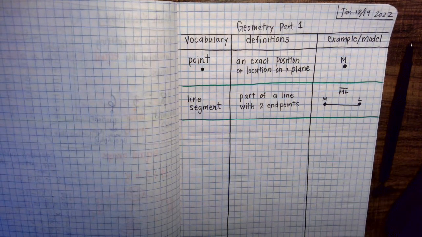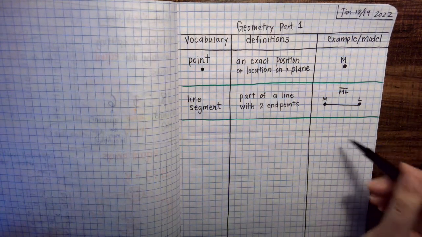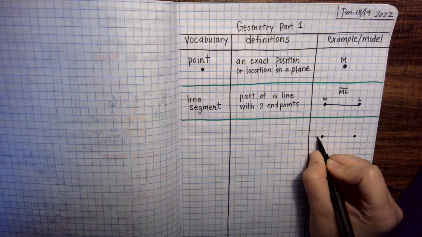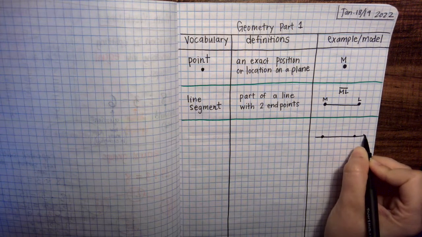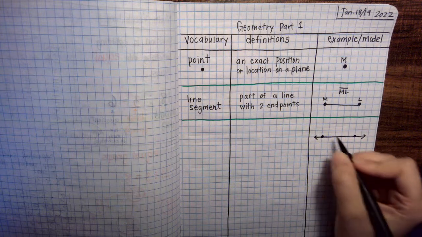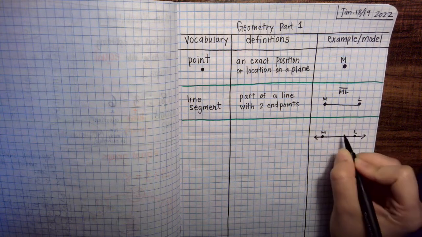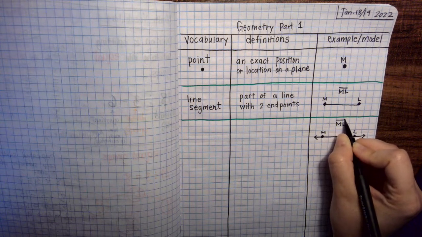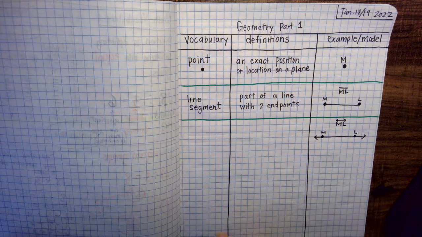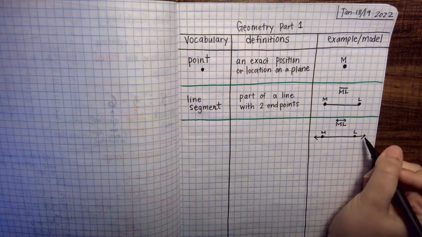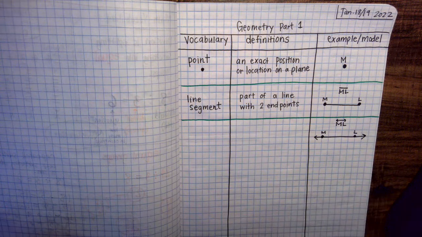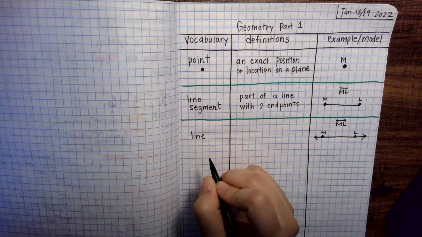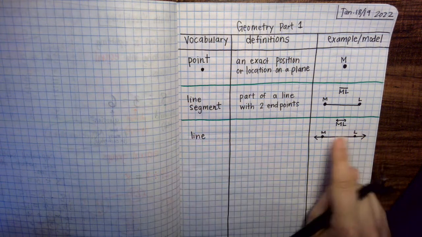The next one is a line. So now I'm going to start again in the example part. If I had my 2 endpoints, but my line kept going and didn't stop in both directions, that would be a line. And my symbol would be the same with ML, but this time has to have the 2 little arrows. Those arrows in geometry are a symbol that show it's going to go on forever in both directions. And that's the definition of a line. A line is a straight one-dimensional figure that extends in both directions forever.